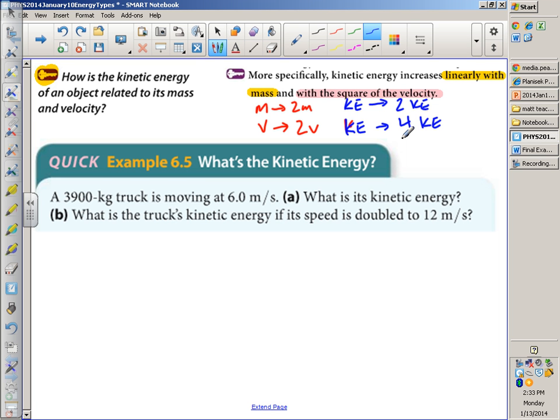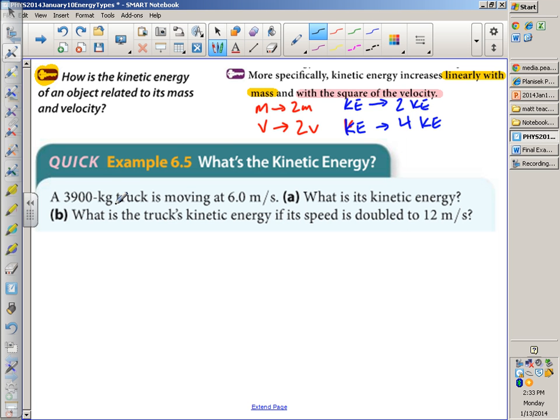No, it's 4 times as bad of a crash, right? Remember energy being that ability to change stuff or make it different. So even a small increase in speed can have a relatively large increase in energy because of that squared factor. Good there? All right, let's run through this example real quick.